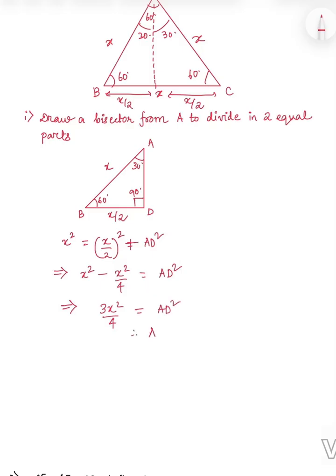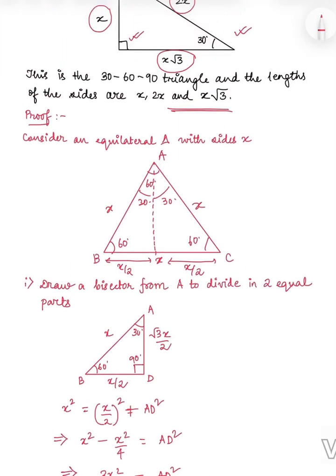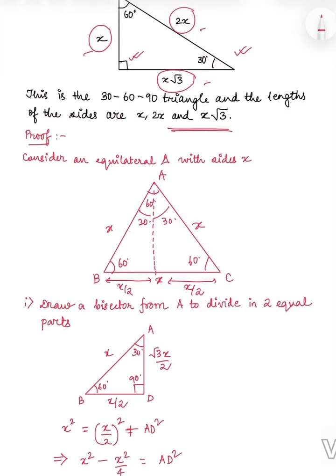Therefore AD will be root 3x by 2. But we need them in the form of x, 2x and x root 3, right? So just multiply everything by 2. This will become x, 2x and root 3x. So this particular concept is proven.